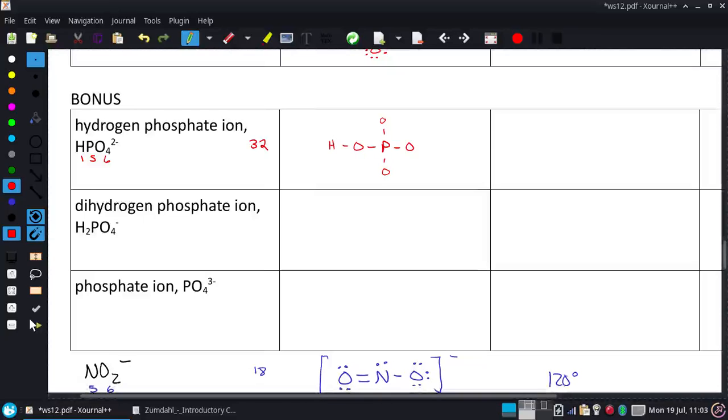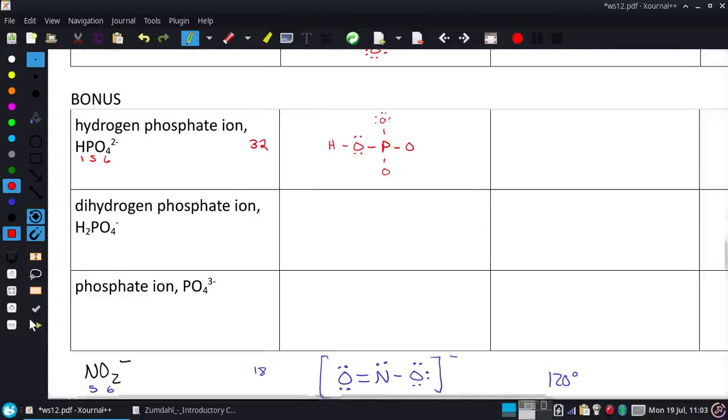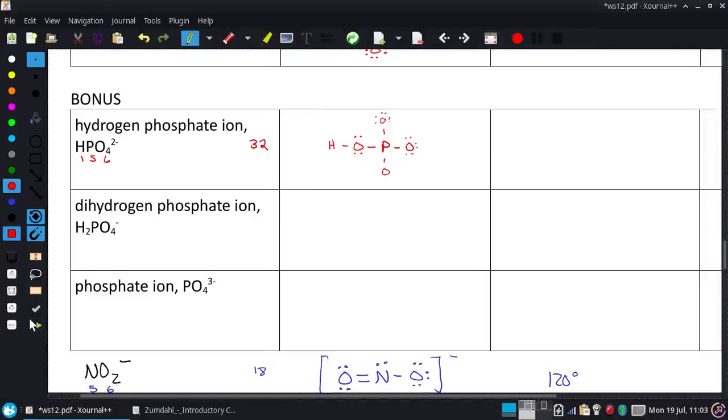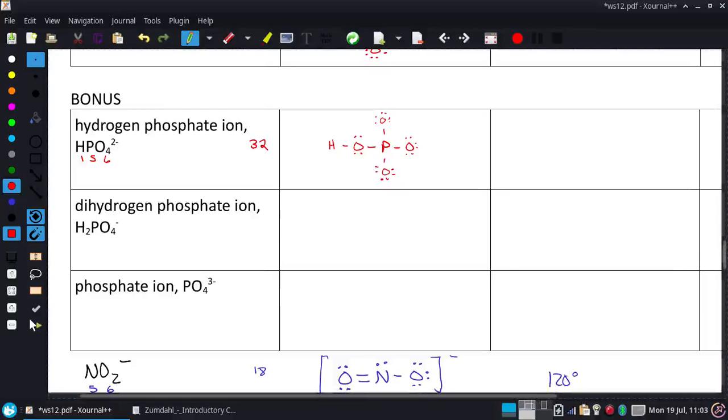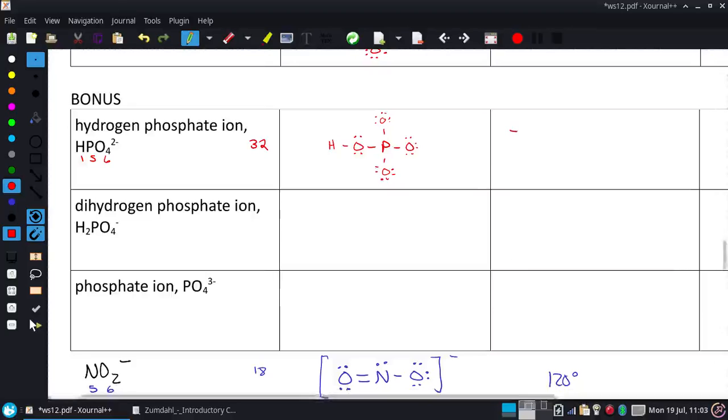So we got 2, 4, 6, 8, 10, 12, 14, 16, 18, 20, 22, 24, 26, 28, 30, 32. And our shapes are almost the same as up above there. Bent, tetrahedral.